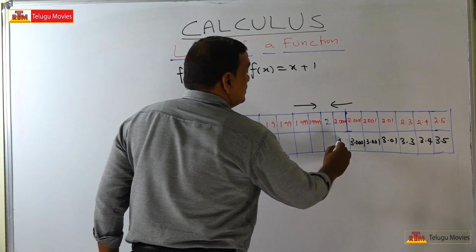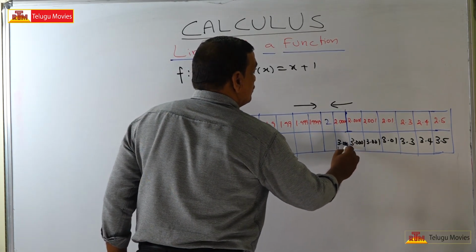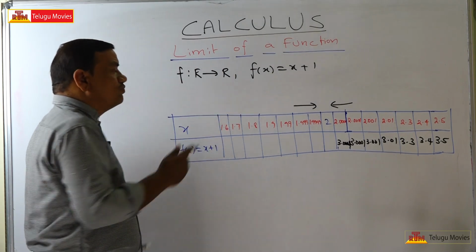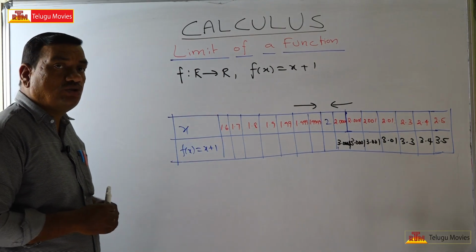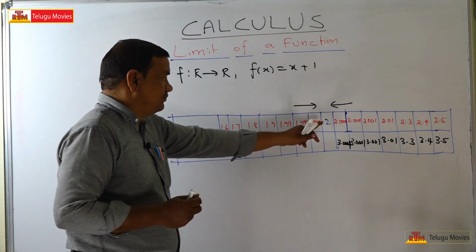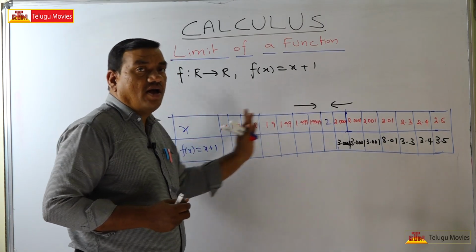Then 3.0001. Now let us approach the value 2 from the left hand side.